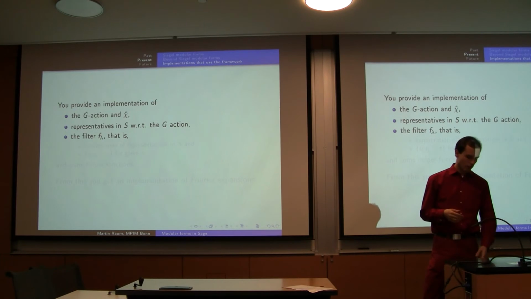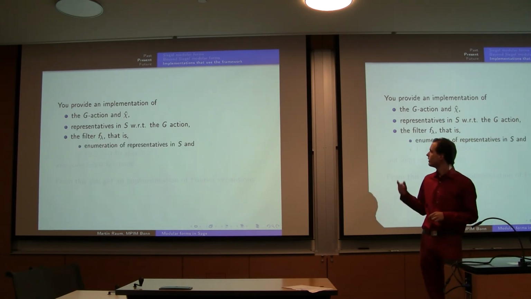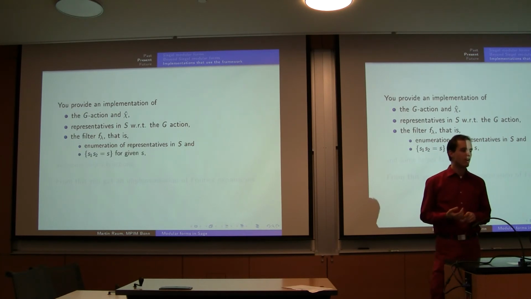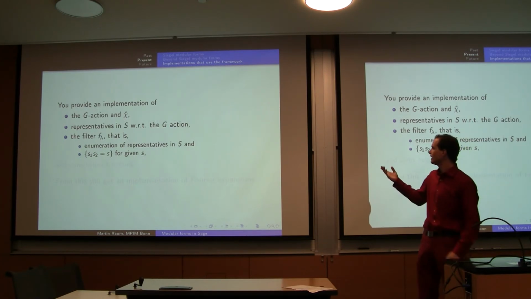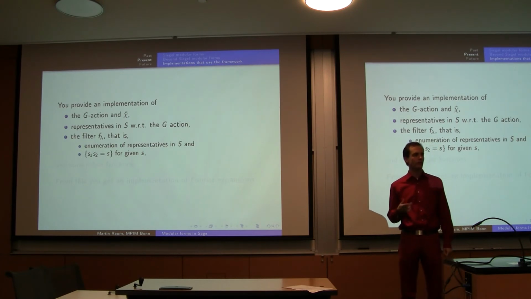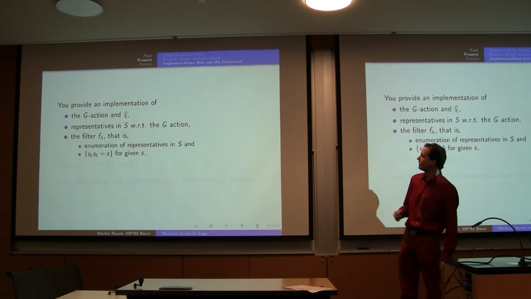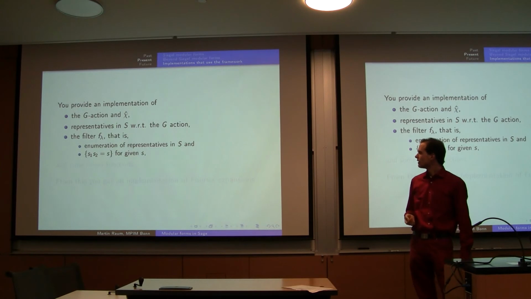And then the filters, of course, that's just an enumeration of the representatives in S. And for multiplication, we need the decomposition of S, which is, as you probably guessed, a very naive approach. I mean, we don't have any very fast multiplication for this kind of Fourier expansion. This is just the set of pairs S1, S2 whose product equals S, which is given.